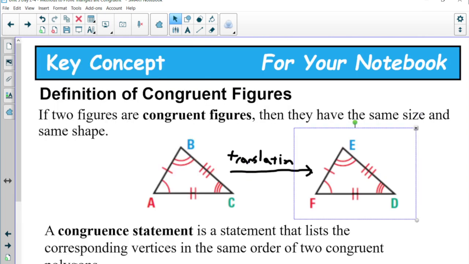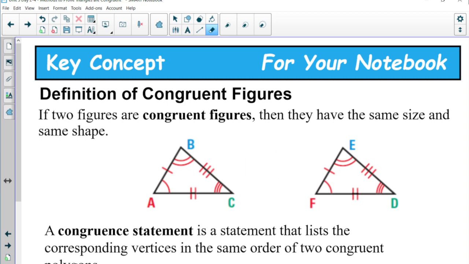Congruence. So let me clear off everything here. If two figures are congruent, this isn't talking about entire shapes. So far we've just talked about individual measurements, like a pair of sides, a pair of angles.